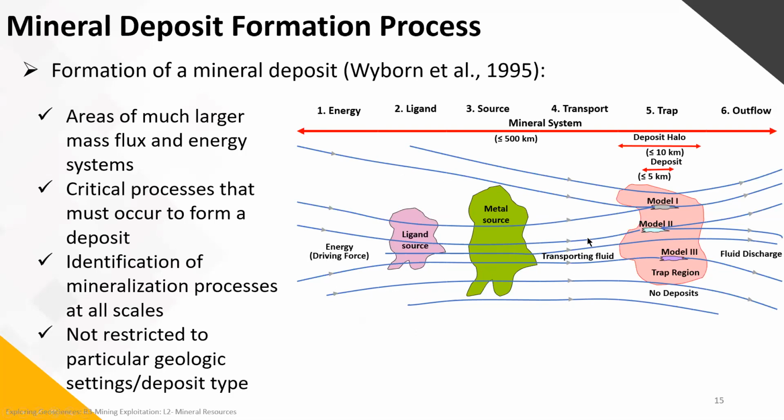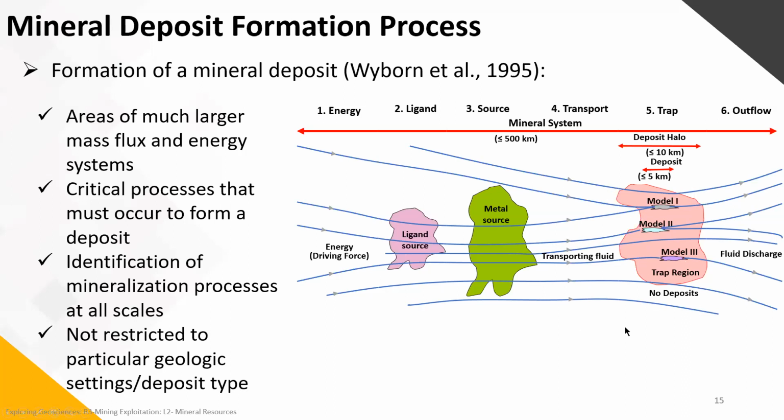So any type of canalizing fractures, differences in porosities, faults, folds that can help to trap within an area any fluids that will force the precipitation of metal to form a mineral deposit.